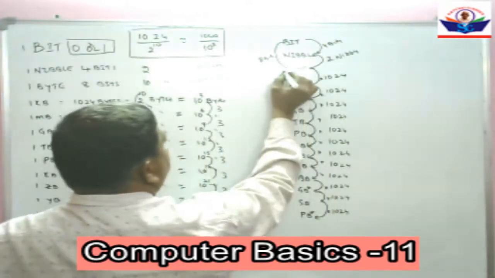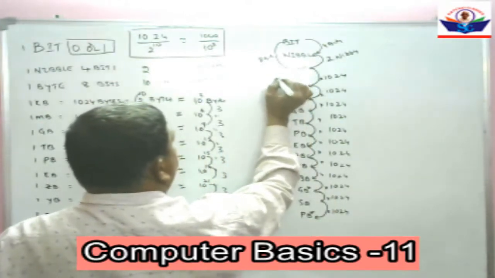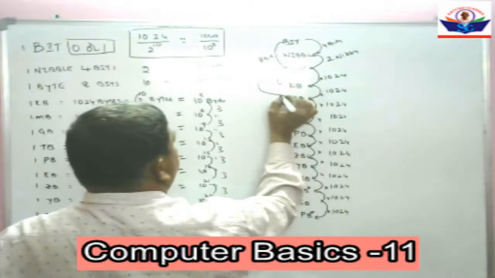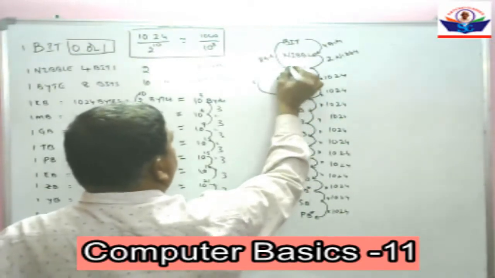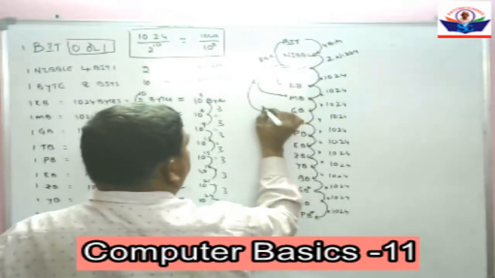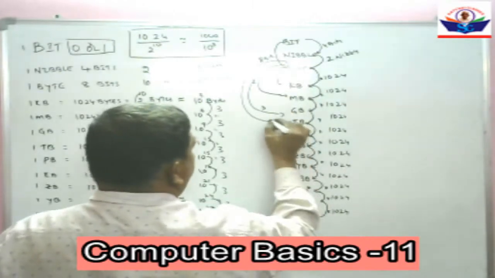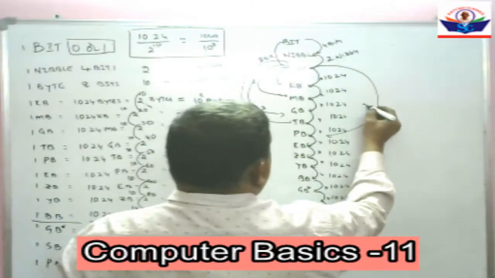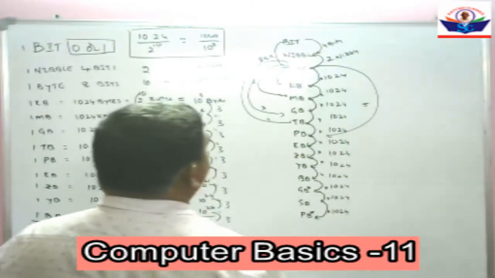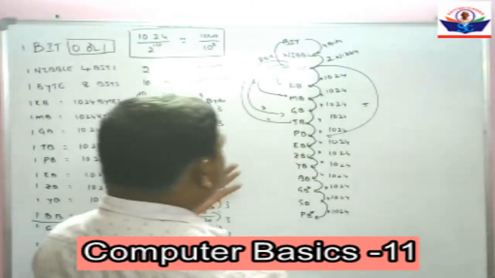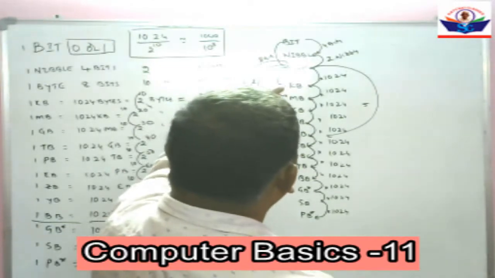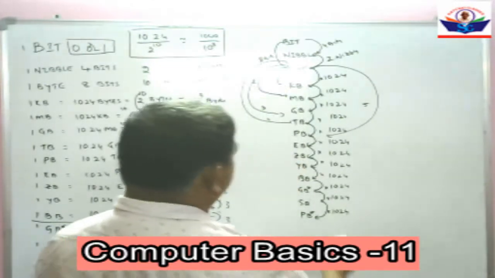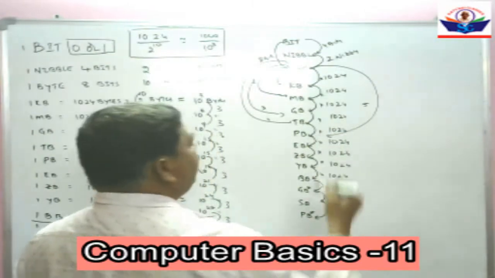This is 1 time, this is 2 times, this is 3 times, this is 4 times, this is 5 times. Like this, you have to multiply.